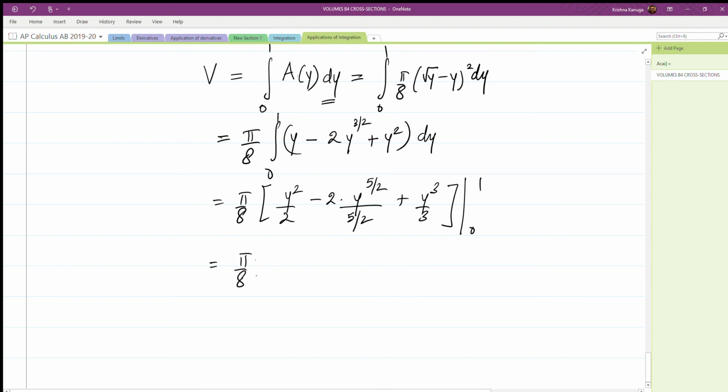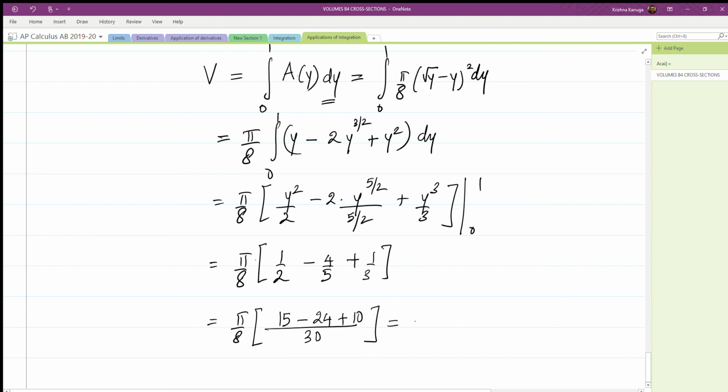This gives us pi over 8 times 1/2 minus 4/5 plus 1/3. The common denominator once again is 30. We get 15 minus 24 plus 10, and we end up with pi over 8 times 1 over 30, which makes it pi over 240.